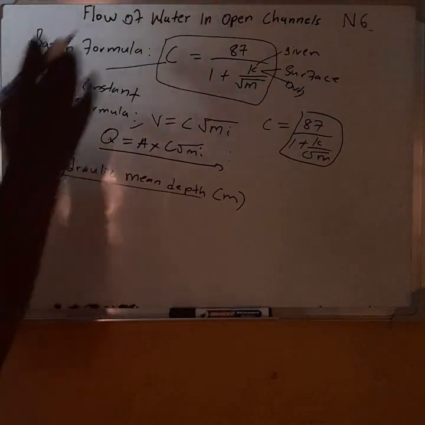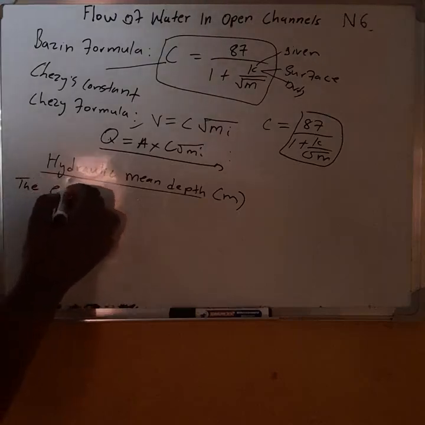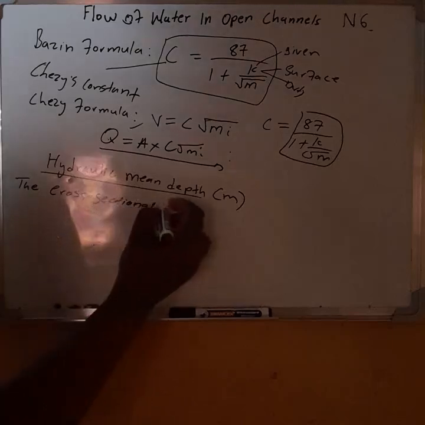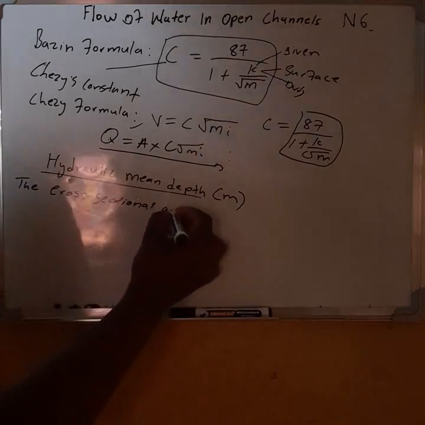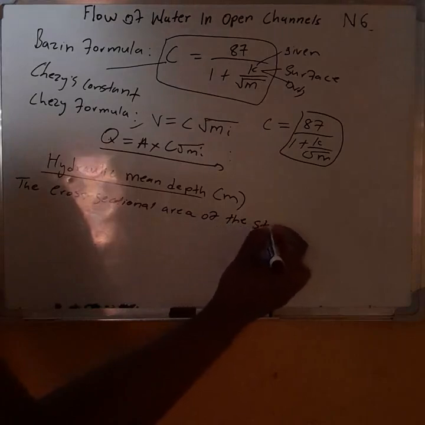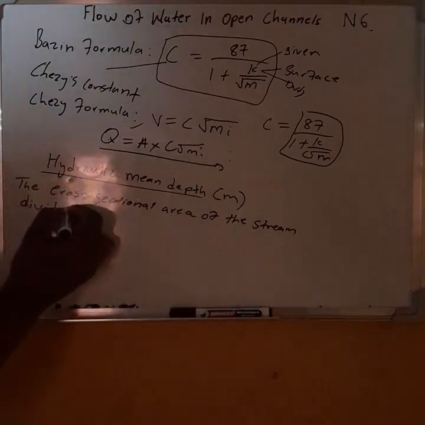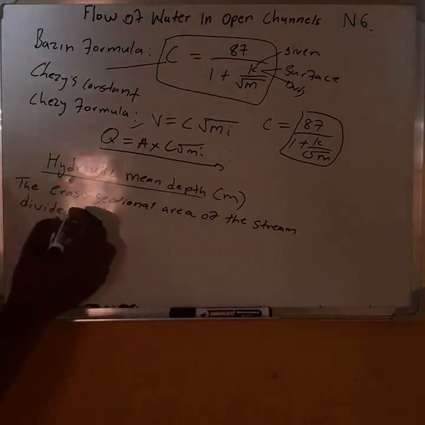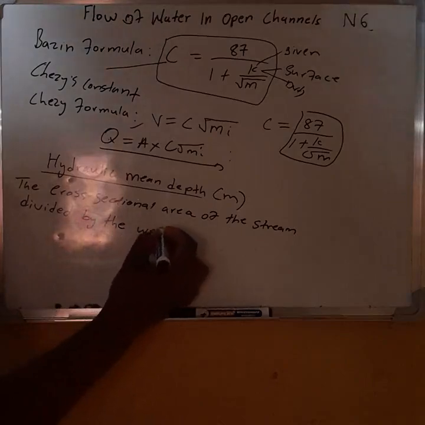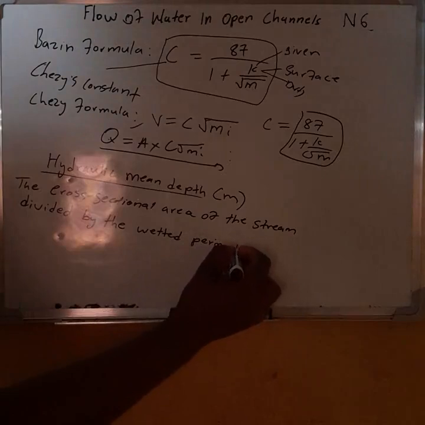We can say this is the cross-sectional area of the stream divided by the wetted perimeter.